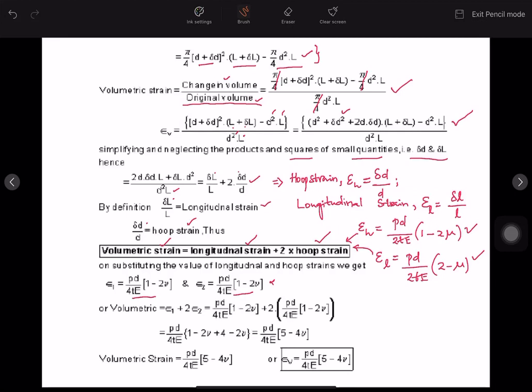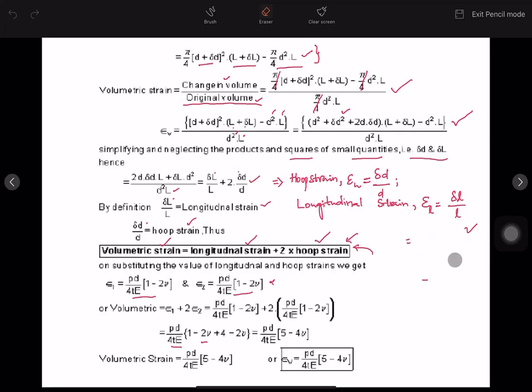If we substitute these two values in this equation, we'll get PD by 4TE into 1 minus 2 nu plus, there's some mistake in this, so don't get confused here.